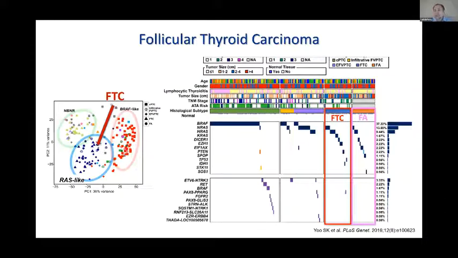The molecular profile of FTC is similar to follicular adenomas, again highlighting that many FTCs develop from follicular adenomas, and it's also similar to encapsulated follicular variant of PTC, the type of papillary carcinoma that is composed of follicles, but has nuclear features of PTC that are not seen in follicular tumors.